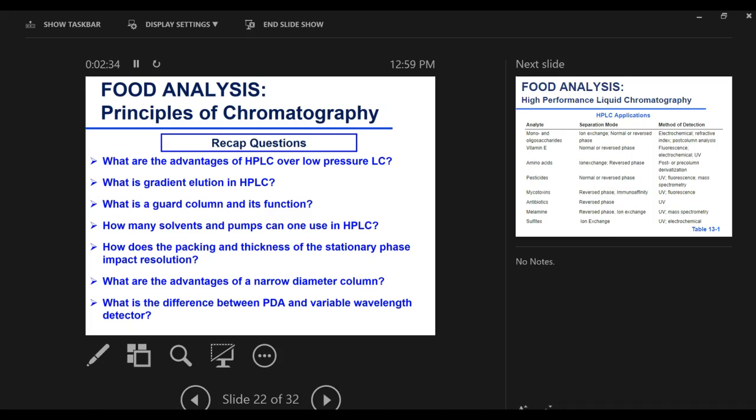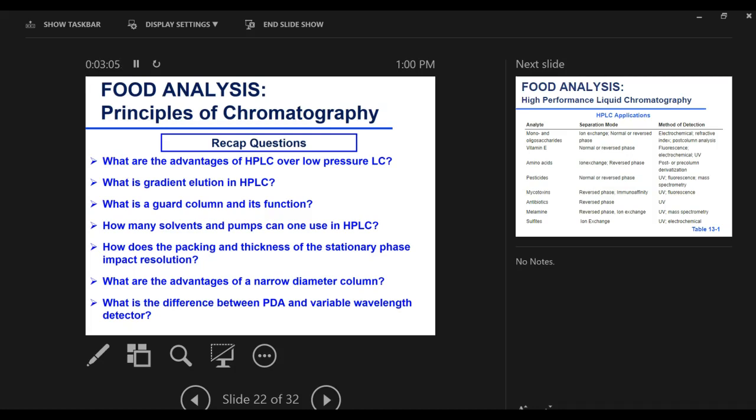It has the same stationary phase, same material that is in your actual column, and acts kind of like a filter that traps all impurities from getting onto your column that might block your functional groups, so that you extend the life and the efficiency of your column. Eventually, the guard column will die out or get maxed out in capacity, so you would change it more regularly than you would change your column.